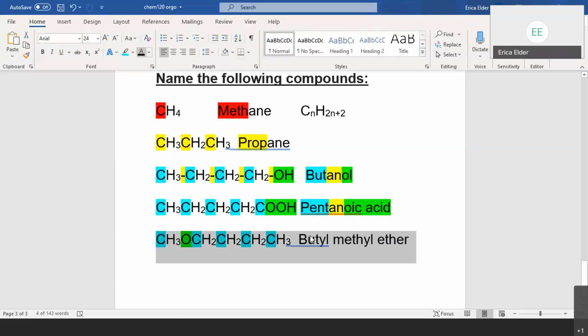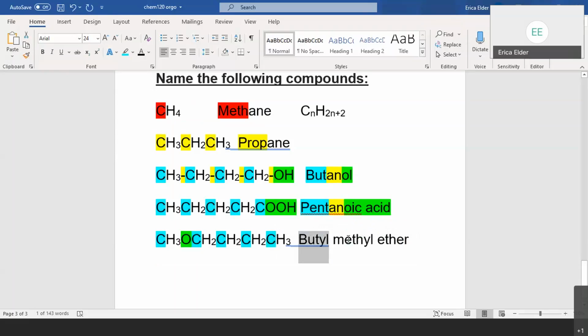Here we have butyl. Well, if you notice, butyl has to do with a certain number of carbons. That would have to associate with these last here. These last four would be considered your butyl run.